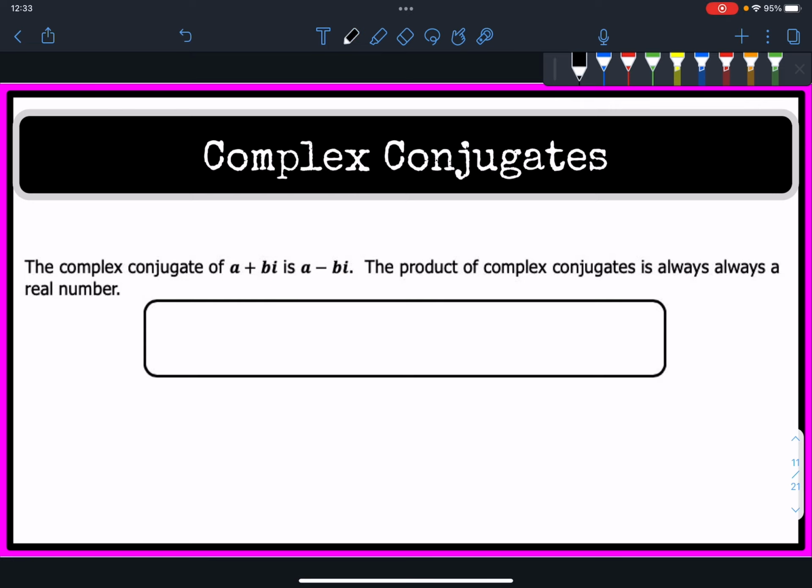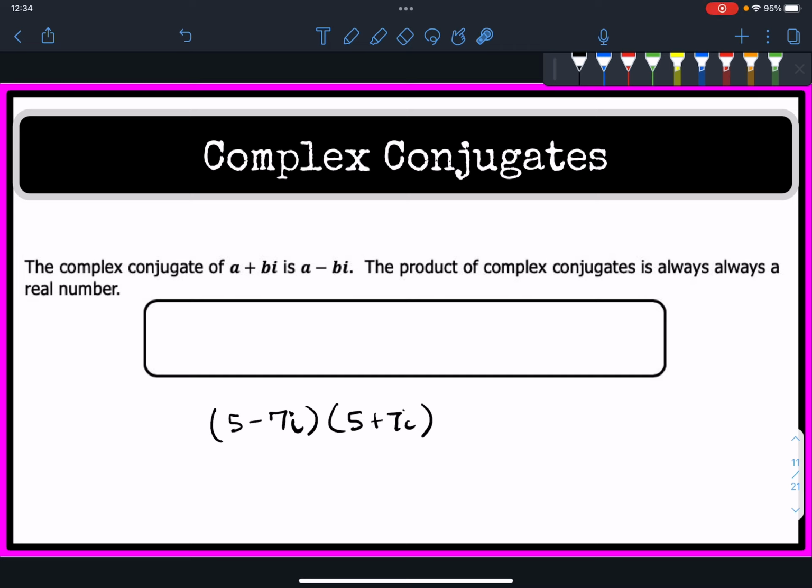So for example, if I have the complex number 5 minus 7i, the conjugate of 5 minus 7i would be 5 plus 7i, and vice versa. The conjugate of 5 plus 7i would be 5 minus 7i. So again, these things are conjugates.